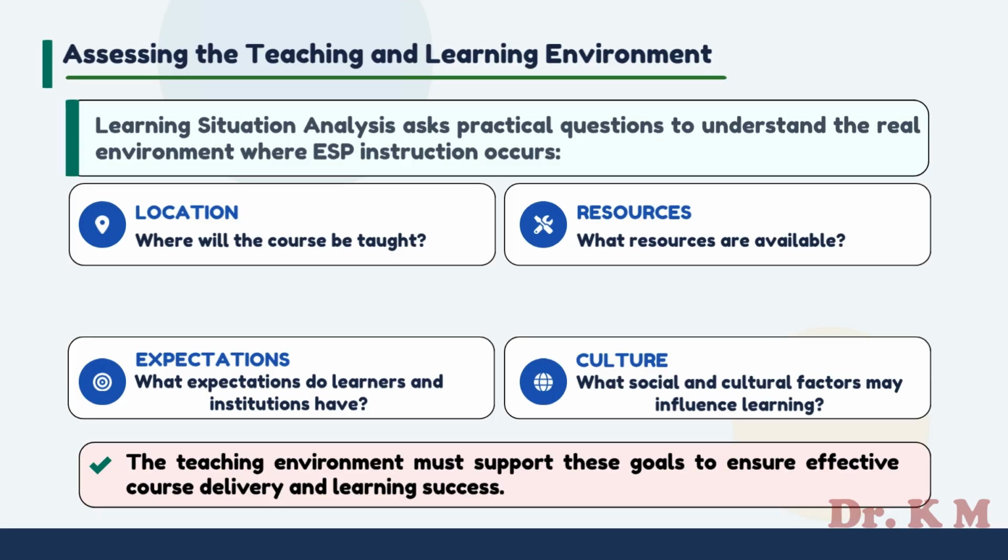It asks practical questions such as: where will the course be taught? What resources are available? What expectations do learners and institutions have? What social and cultural factors may influence learning? In ESP, this analysis is especially important because courses are designed for specific learners with specific goals, often in specialized academic or professional contexts. Therefore, the teaching environment must support those goals.